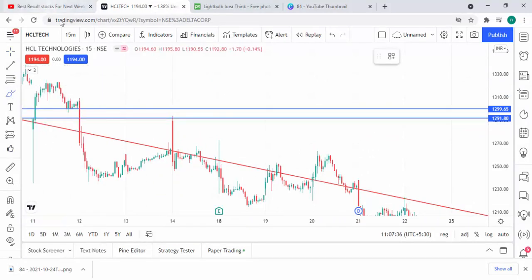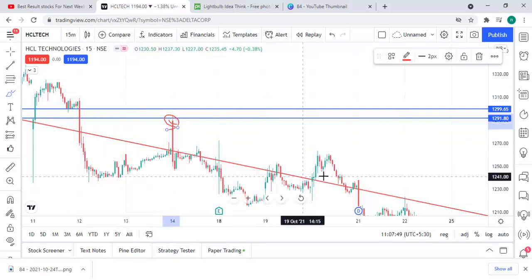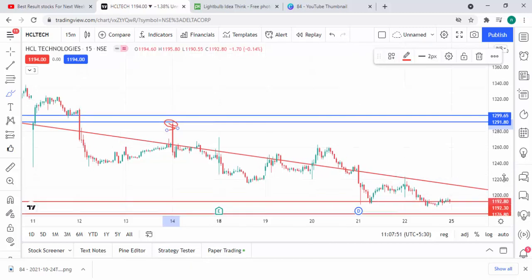The result day is 14th, and you can see on the 14th it just touches the level and comes down. See, now it's a downtrend. Whenever the 50 minutes candle is closing above the level, then only it's a buy trend, HCL Tech.